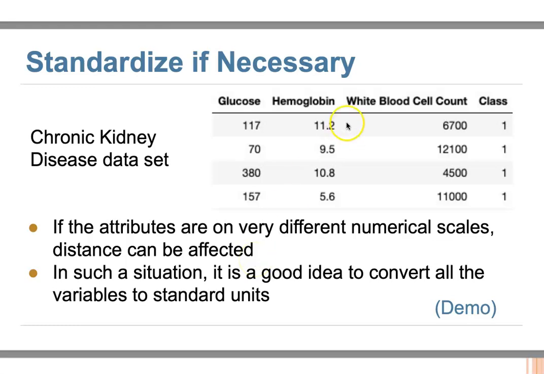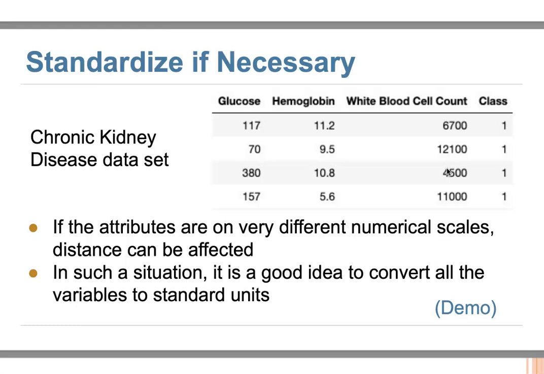So if we really want to include all the attributes from our last lecture example, the chronic kidney, you can see here, the glucose is only less than 400. Then hemoglobin is very small. Then the white blood cell count is multiple thousands, more than 10,000. So those attributes are really on different numeric scales.